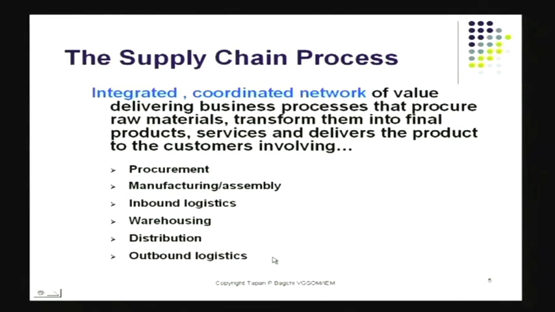We do not try to optimize procurement by itself. We worry about the full supply chain when we make some procurement decision. Same thing we do for manufacturing also. When I decide batch sizes, for example, we try to make sure that the overall system is profitable. Not just that the manufacturing system works very well, but we end up with large inventories that stay for a long time, sitting in the warehouse.